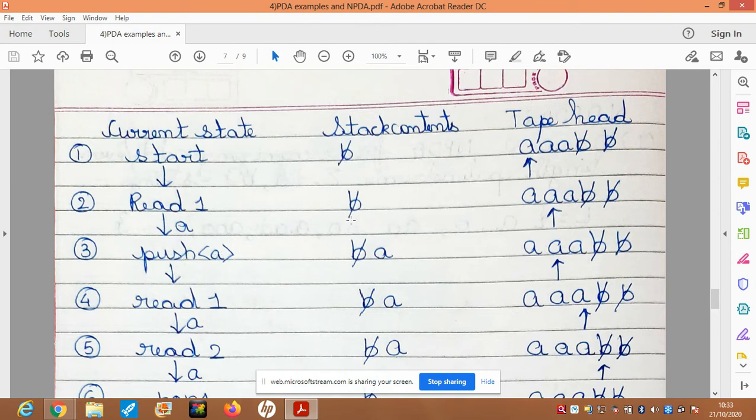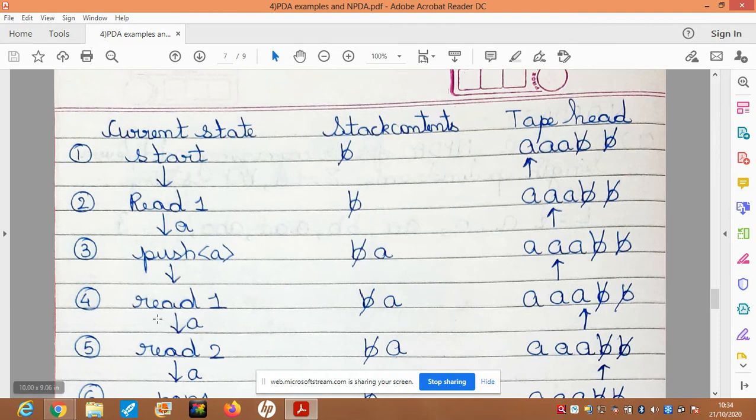Nothing happens to the stack contents, but because I have read a symbol, the read head moves one place to the right. In step 3, since I move to the state push A, I push an element onto the stack. So A is present on top of the stack, and the tape head remains at the same position.